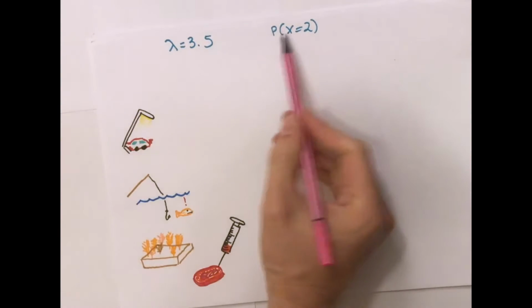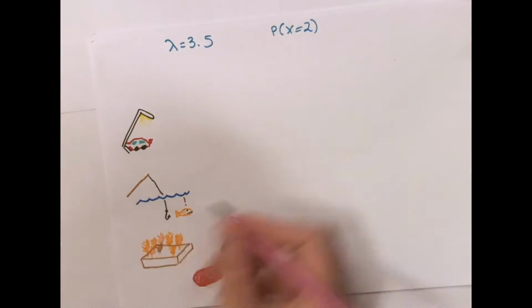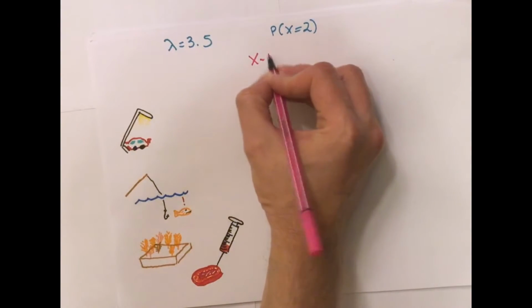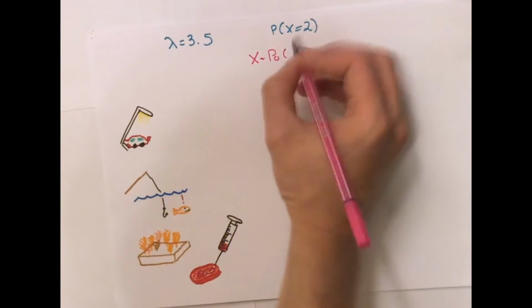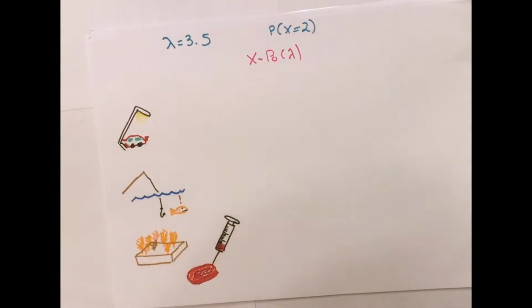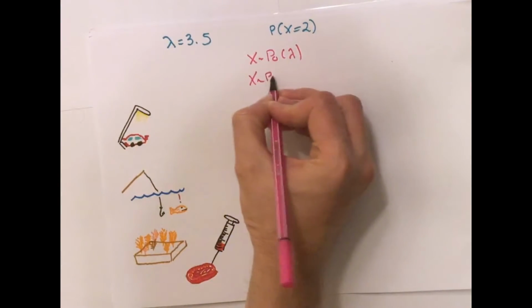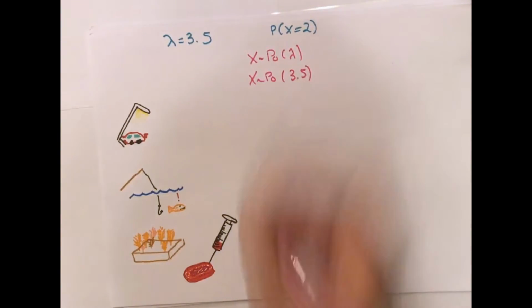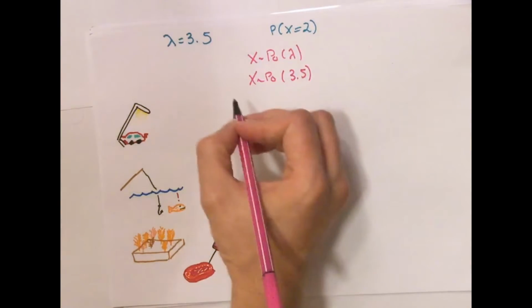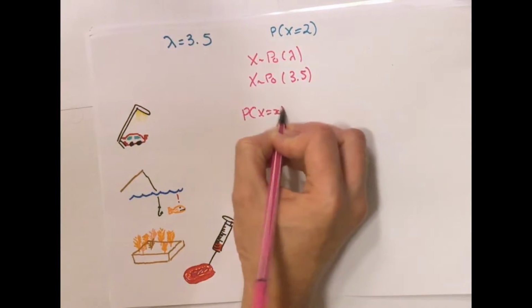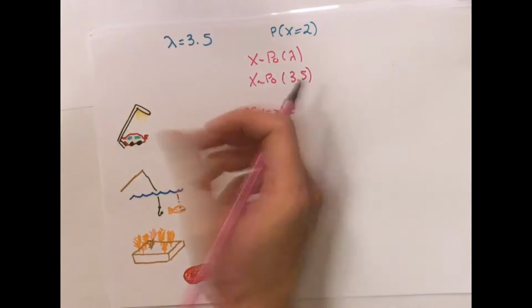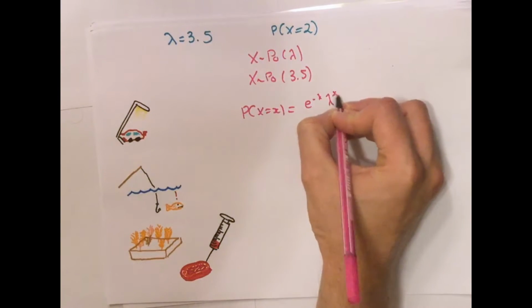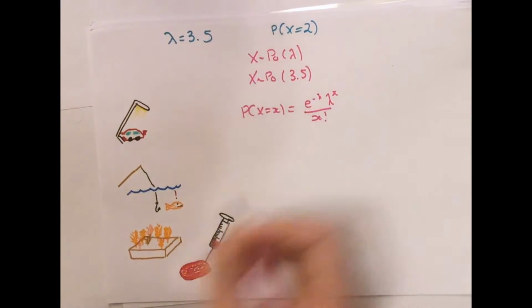We're asked here to find the probability that x equals 2. So let's write down our Poisson distribution. X is modelled by the Poisson with a lambda of 3.5, and the probability that x is any number, if you remember, is e to the minus lambda, lambda to the x over x factorial.